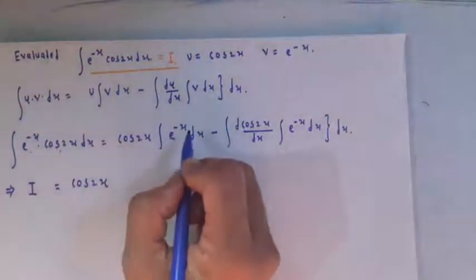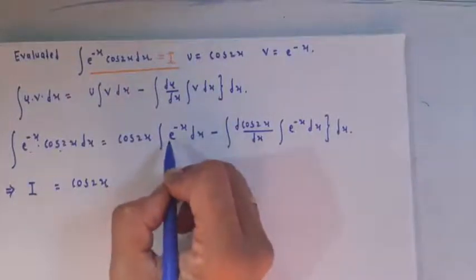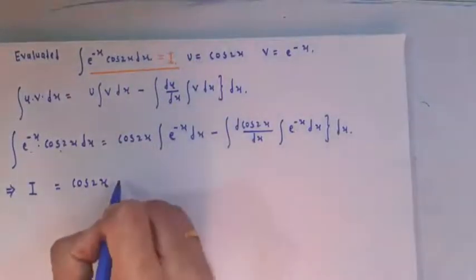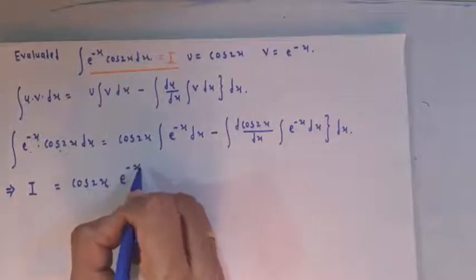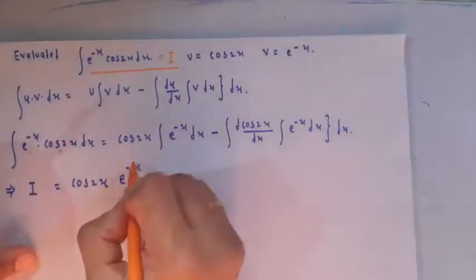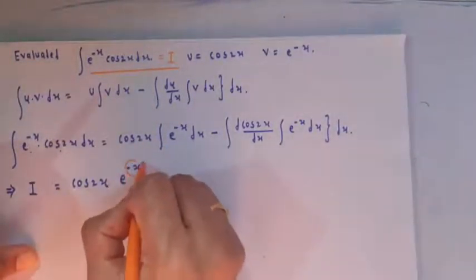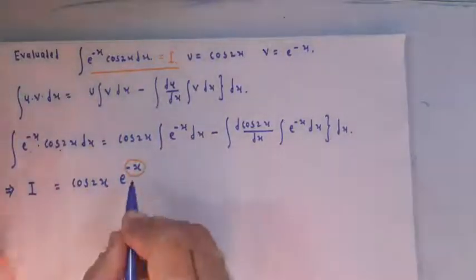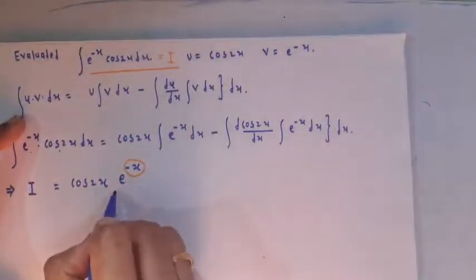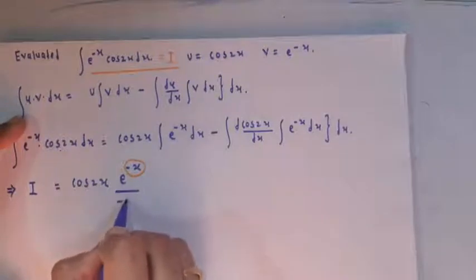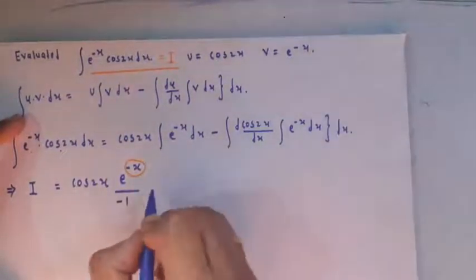Integration of e raised to x is e raised to x. Similarly, integration of e raised to minus x is e raised to minus x, but this minus x is a differentiable function and its differentiation is minus 1, and that's why we divide by minus 1 in case of integration.